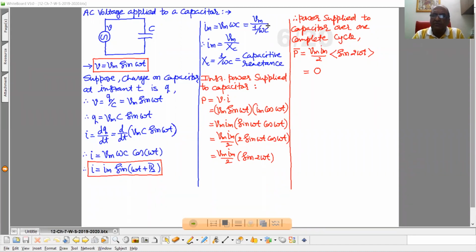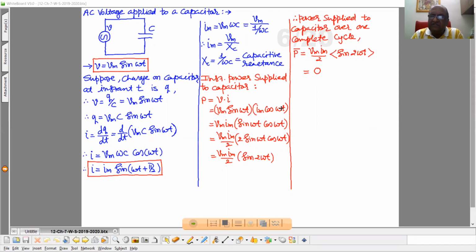So this 1 upon omega C is represented as Xc, and this Xc equal to 1 upon omega C is called capacitive reactance, meaning the resistance offered to the circuit by the capacitor.